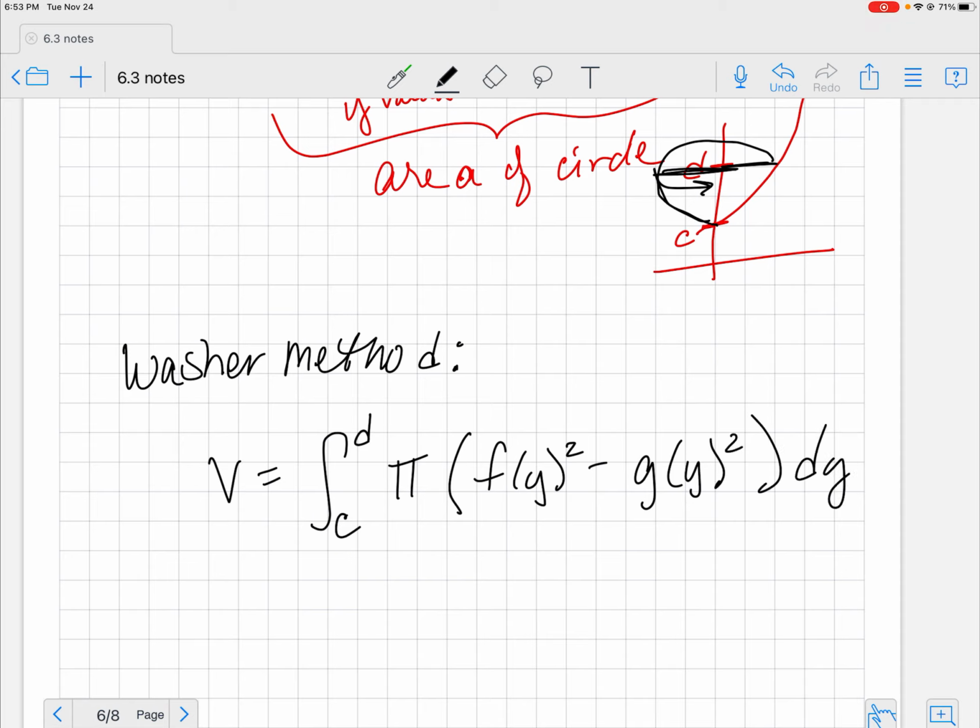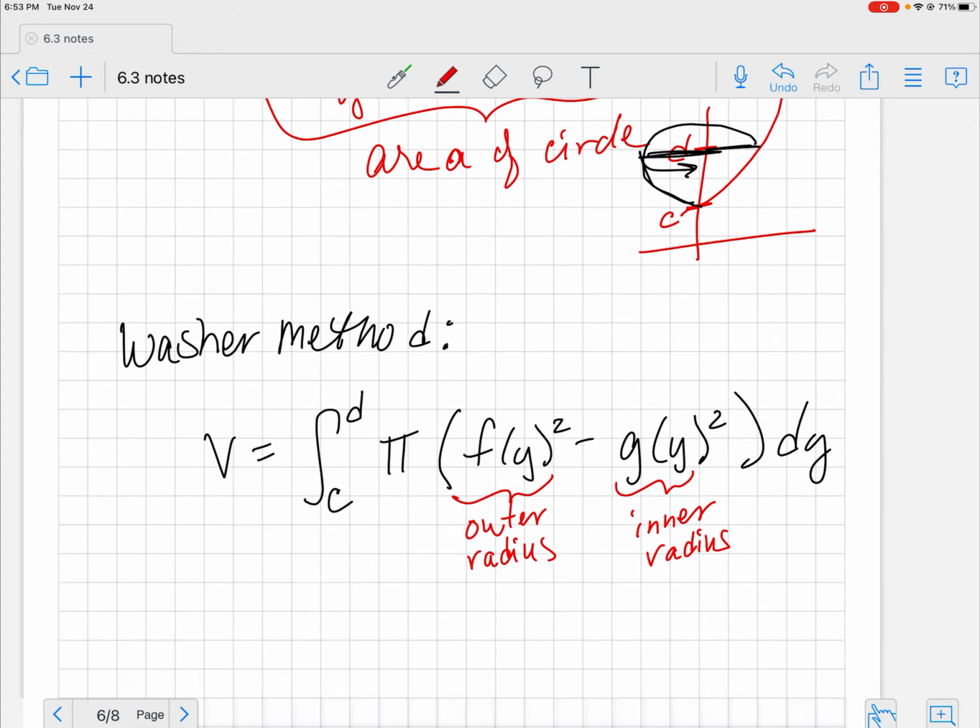Everything is in terms of y. It's the same concept. This is still the outer radius, and this is still the inner radius.